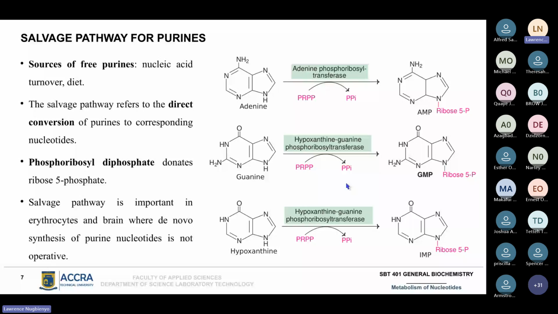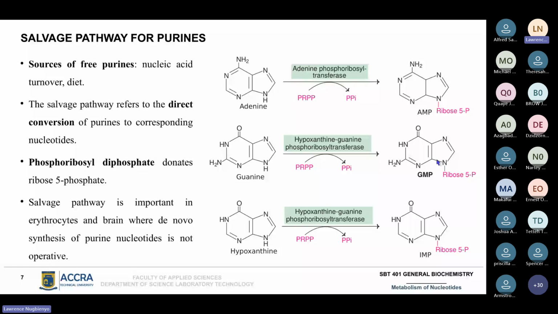A similar reaction occurs with guanine, with the participation of the enzyme hypoxanthine guanine phosphoribosyltransferase, to give you the guanosine monophosphate.